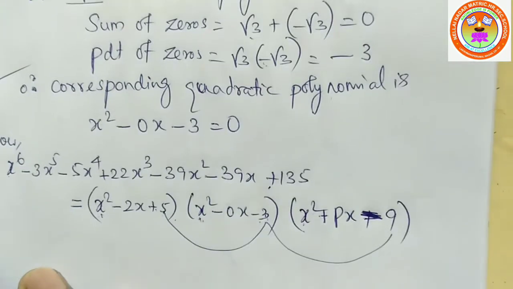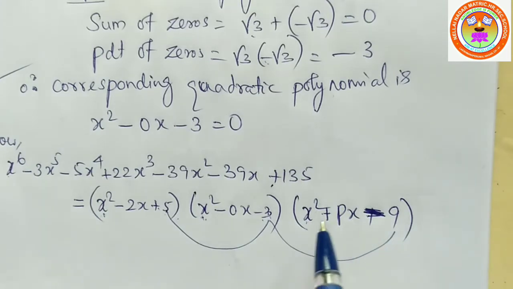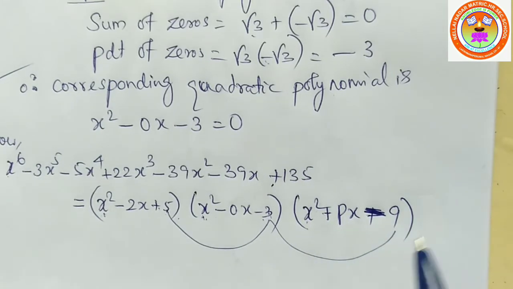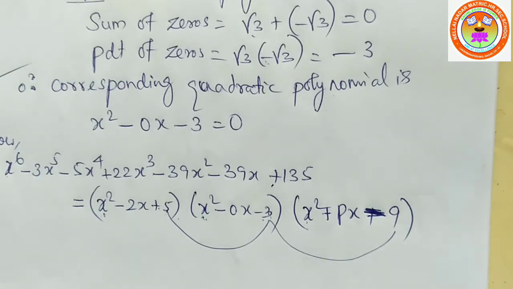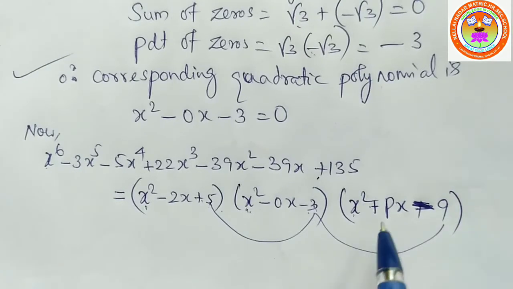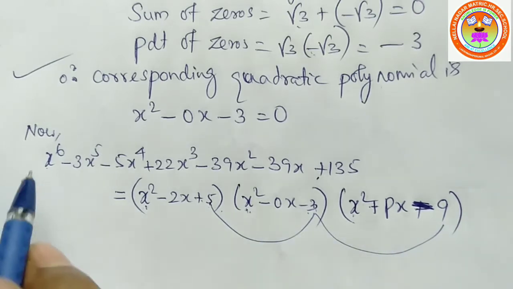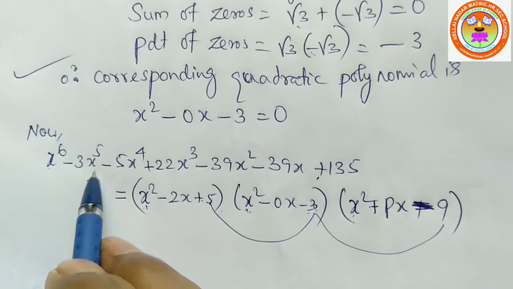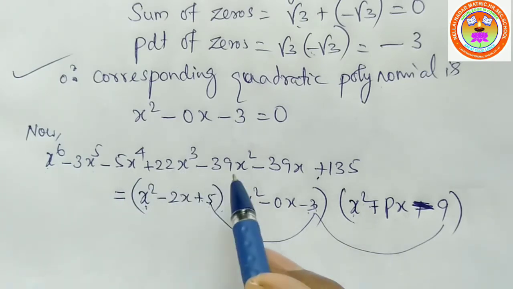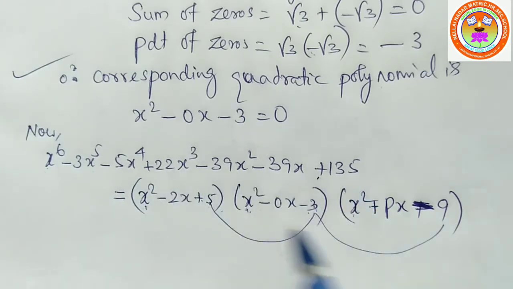Now from the last quadratic polynomial, we will get the other two zeros. So for finding the other two zeros, we need the term p. For finding p, it is very difficult, no? When we multiply these three factors and simplify like x raised to 6 term, x raised to 5, x raised to 4, x cube, x square, x and constant, then only we can compare.